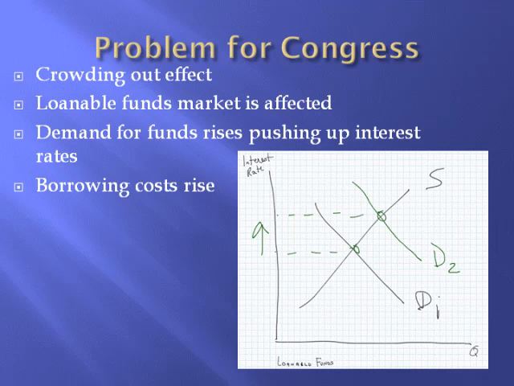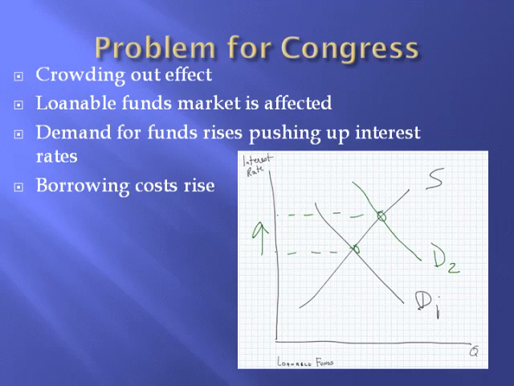The loanable funds market is basically the market where borrowers and savers and investors come together. The supply curve is the savings. So this is when you put your money in a bank account or in a bond account. This is money that is then used by businesses to expand their business, or any kind of investor. And the demand side is the investment side.